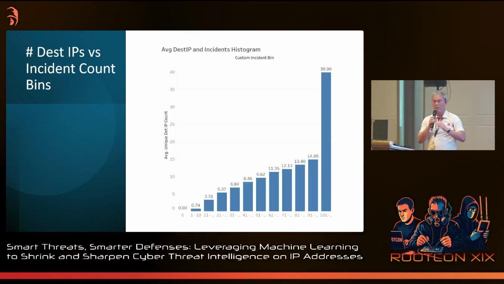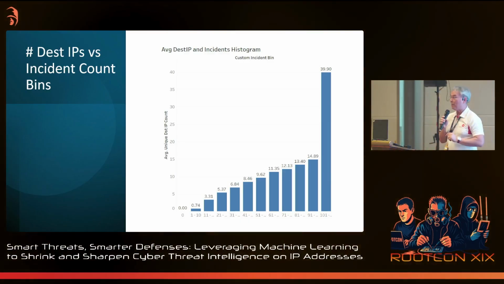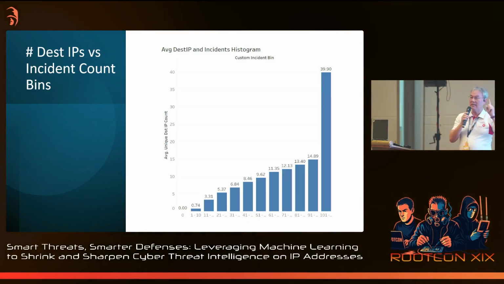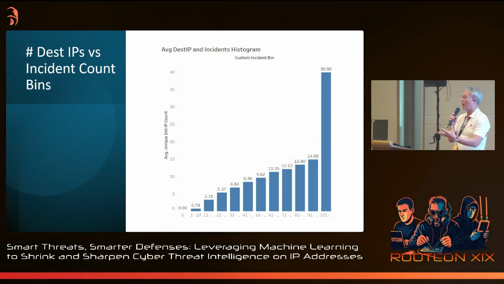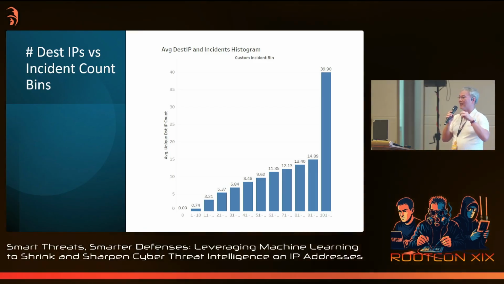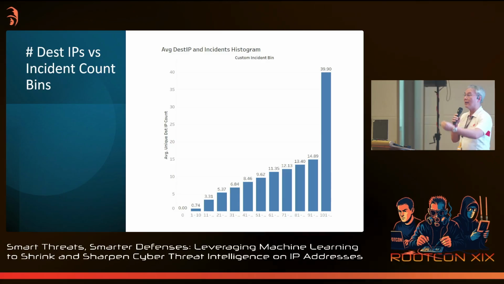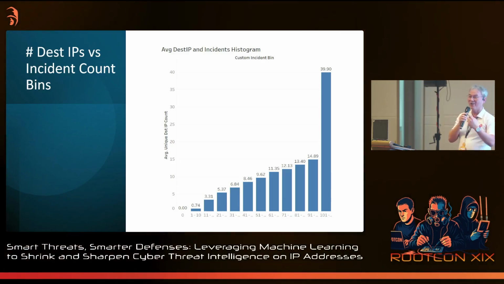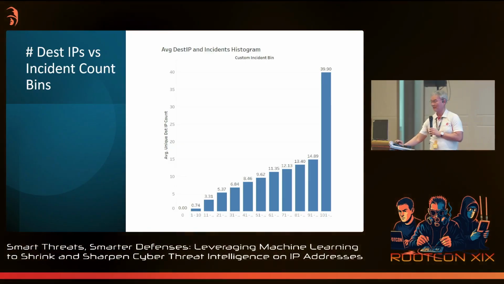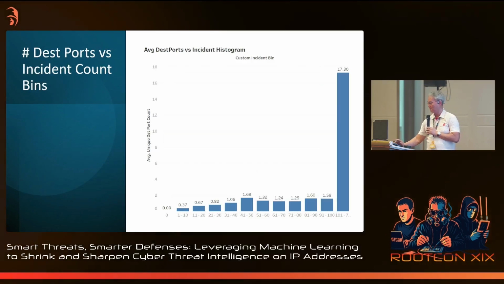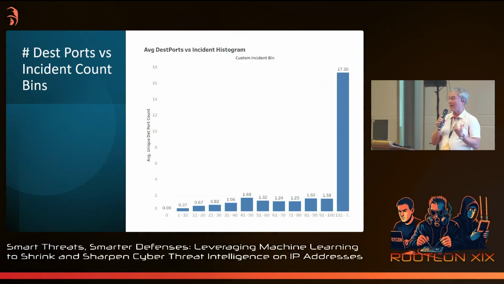The other predictor would be the number of IPs that are being attacked by a single source IP. You can see that by far, the IPs that attack a lot of destination IPs are more than likely to continue attacking your network in the next 7 days. Does that make sense? Then we look at the number of ports that are being attacked.